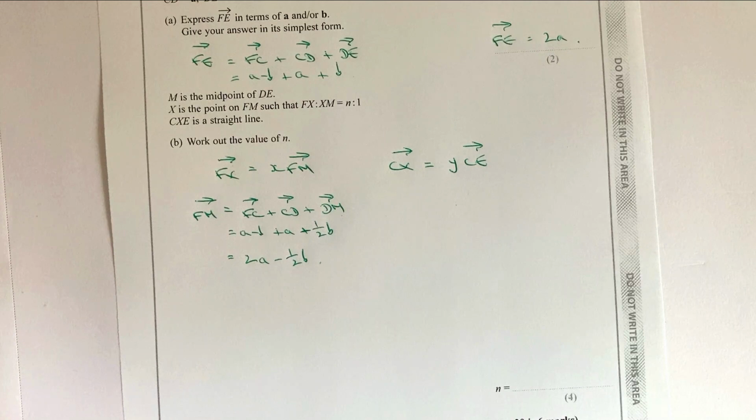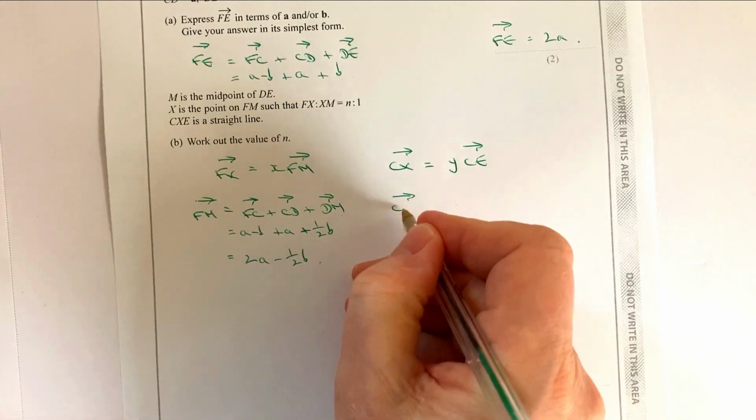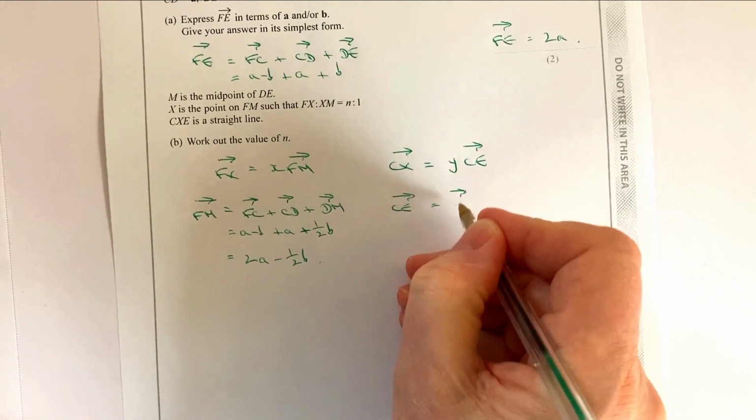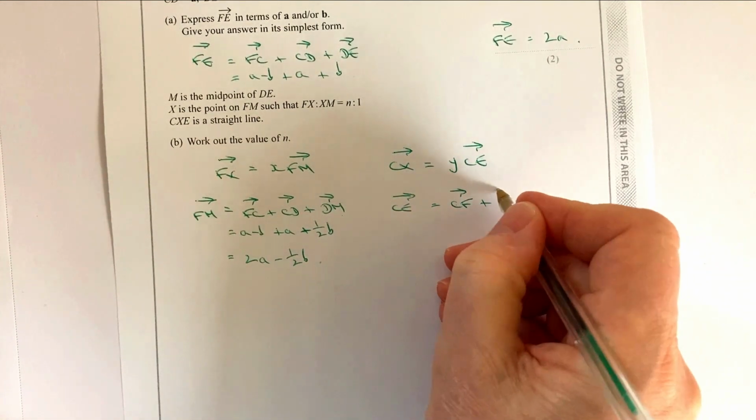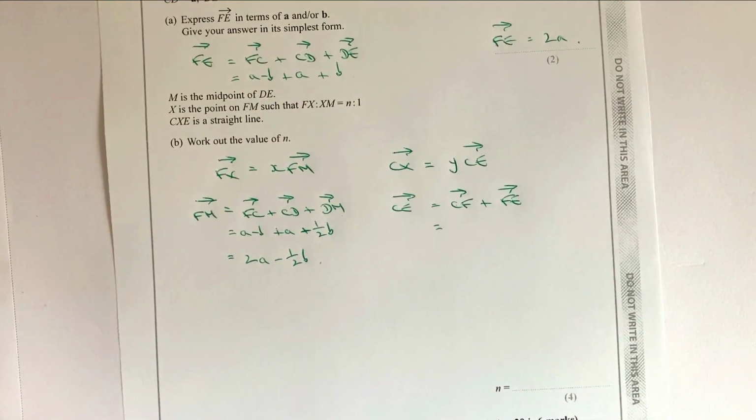Let's do the same with vector CE. Vector CE is this one over here. Well, that's going to equal vector CF plus FE. We know that FC is a minus b.